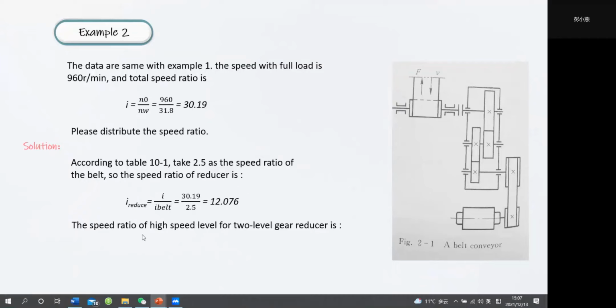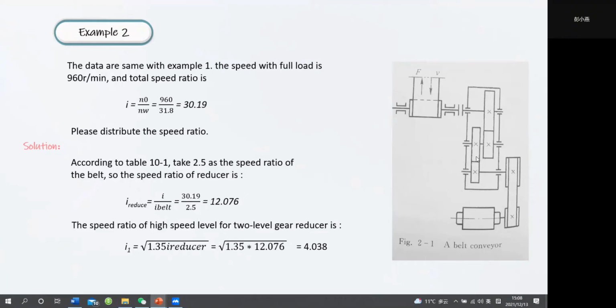And then the speed ratio of the high speed level for a 2 level gear reducer, I1, is the speed ratio of this pair of gears, and we use this equation to calculate: the square root of 1.35 times the speed ratio of the reducer.